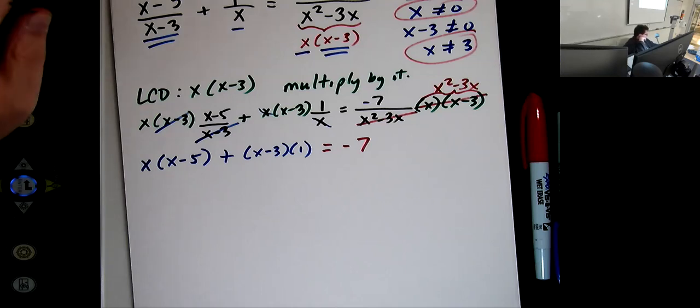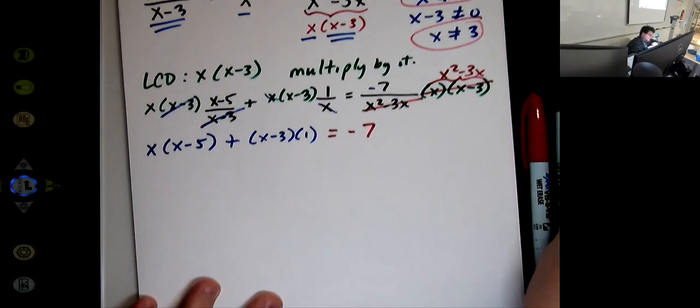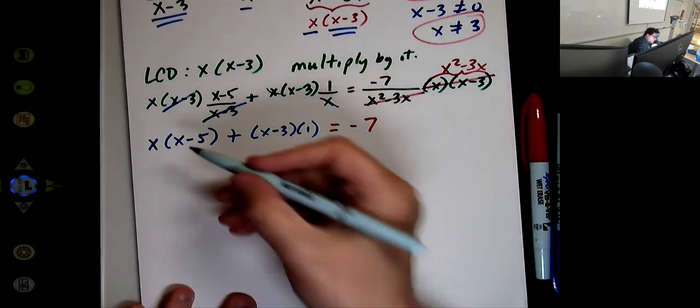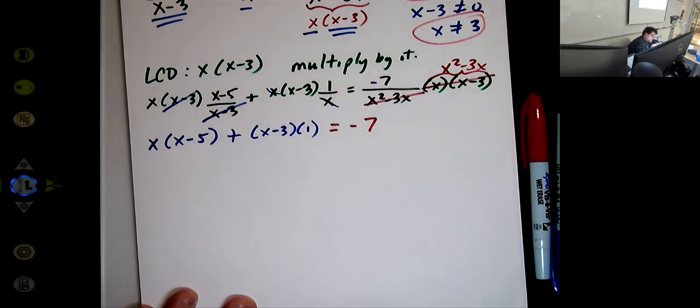A lot of work, right? So we'll get rid of the fractions and try to clean this up.